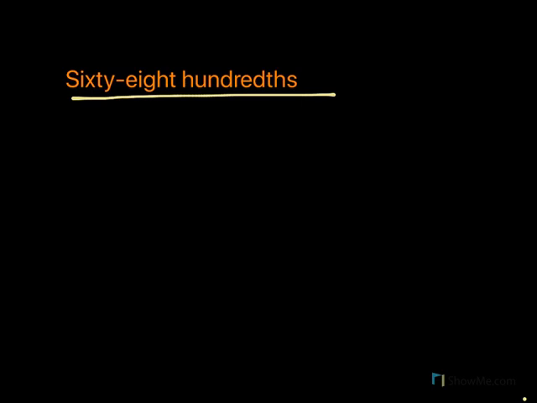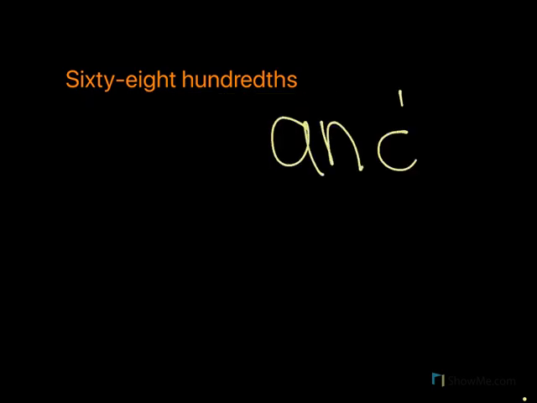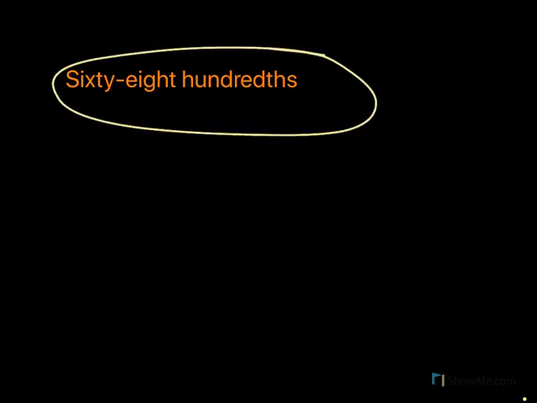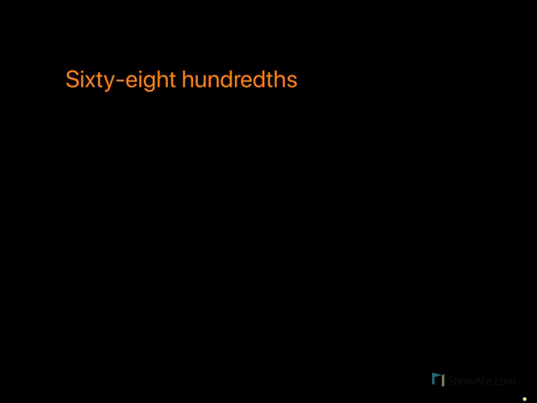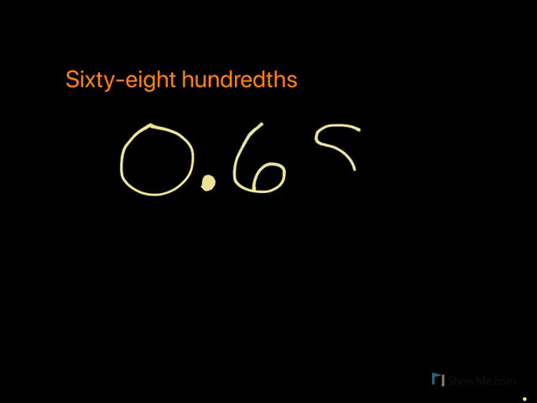I do not see the word and anywhere in there, which tells me that it's probably a decimal, the whole thing. So there's no whole number. So 68 hundredths. We have 0 wholes, and there's our decimal point, hundredths. There we go. That's what our decimal would be.